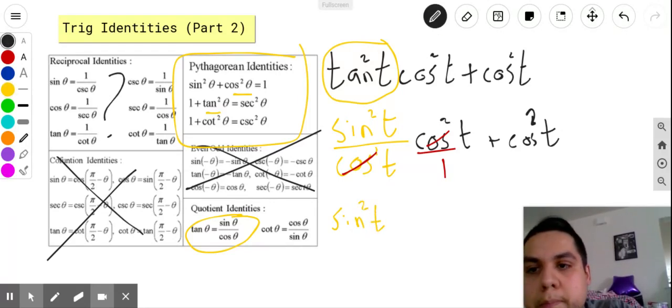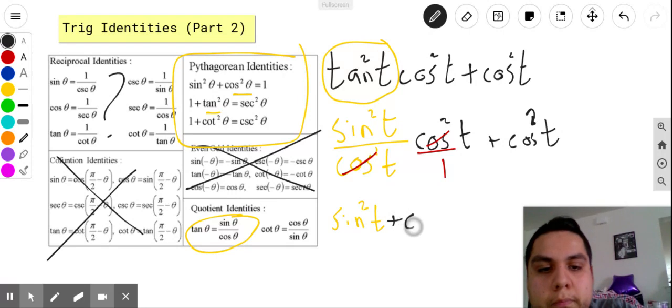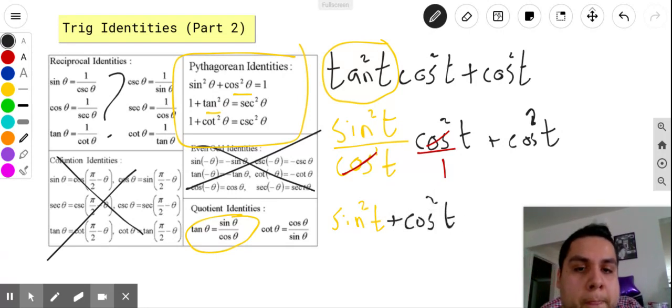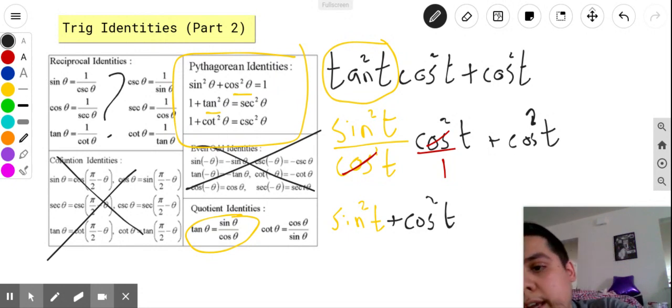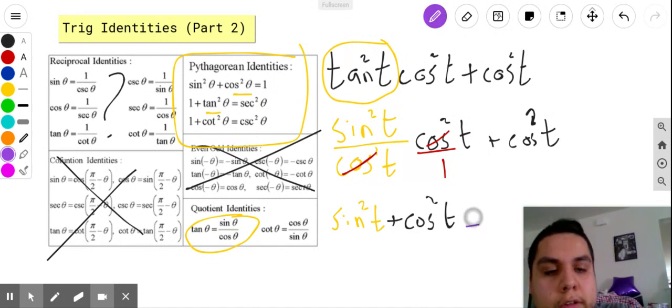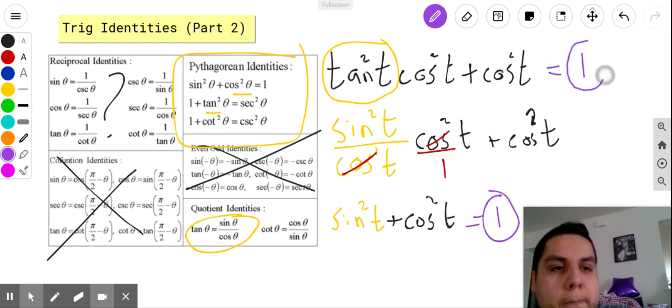plus the cosine squared of t, right? And I know that sine squared of t plus cosine squared of t should equal 1. So as a result, I can say my final answer should be 1. So I can say this should equal 1.